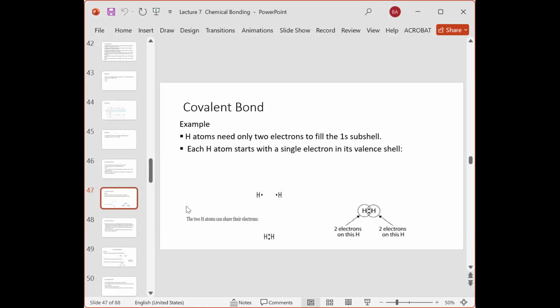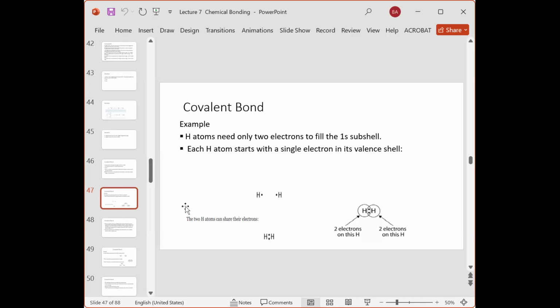Taking hydrogen for example. A hydrogen atom has only 1 electron on its atomic shell, in the 1s subshell. For hydrogen it is different, it is not an octet of 8. To achieve stability, it has to have two electrons in its atomic shell.